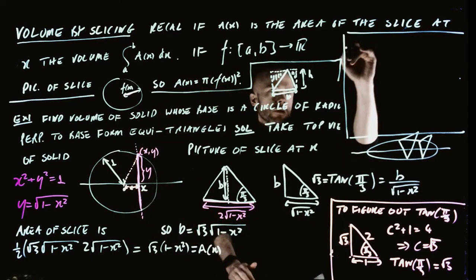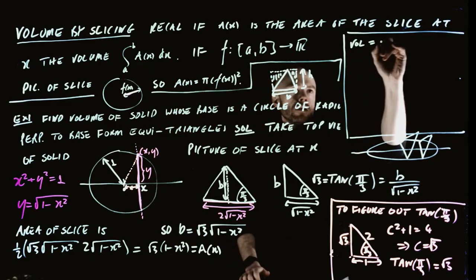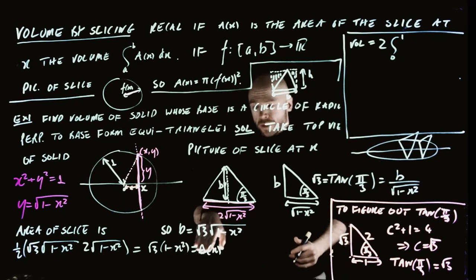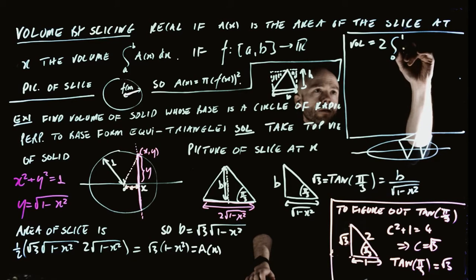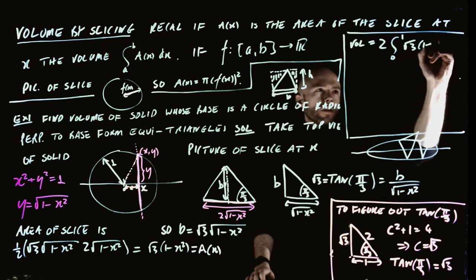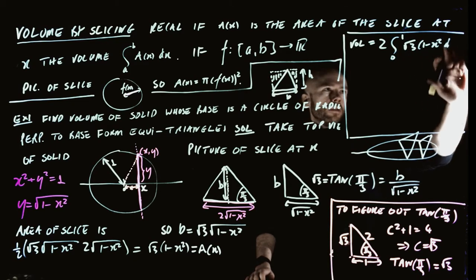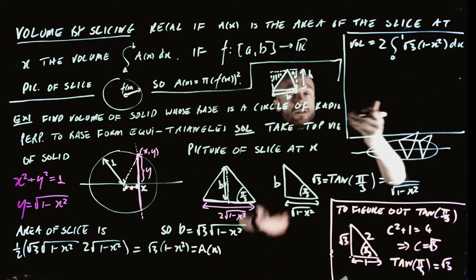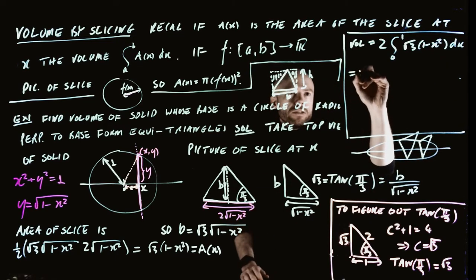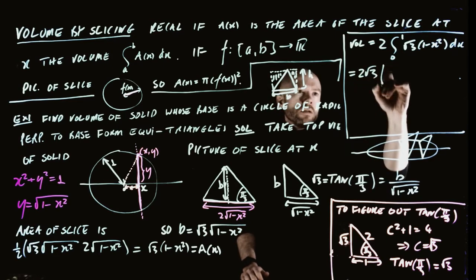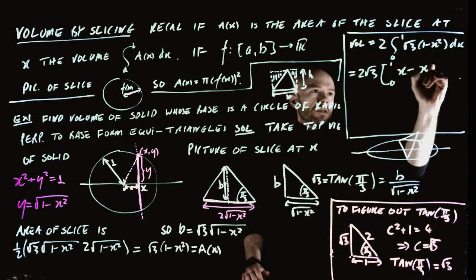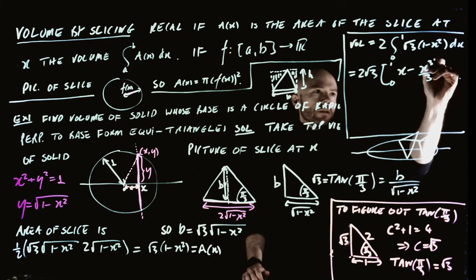So the volume is equal to twice the integral between 0 and 1 of the area of the slice, which is this thing we just worked out, square root of 3, 1 minus x squared, dx. And now we're really in good shape because this is just a totally standard integral, right? So we have 2 root 3. And we want to find the antiderivative of this thing, so it's going to be x minus x cubed over 3.